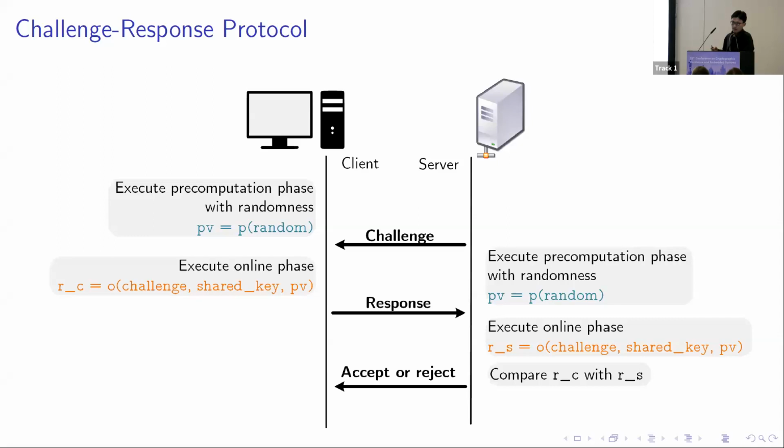Once the client receives the challenge, he can just encrypt the random value by executing the online phase. So it can accelerate the communication process significantly.